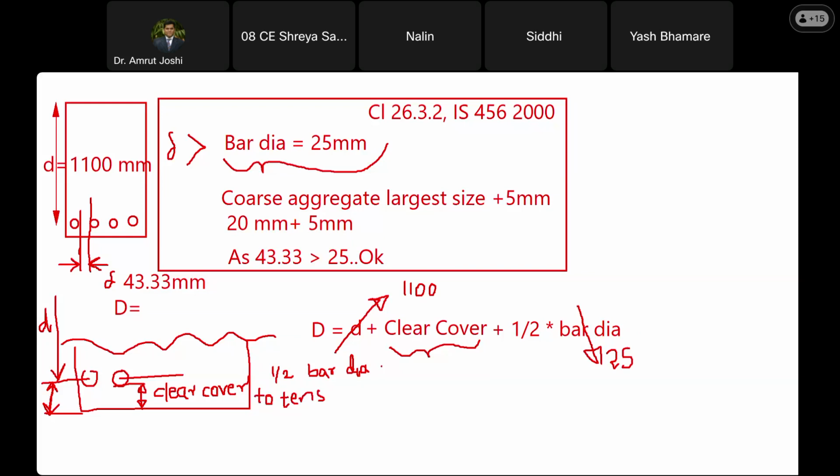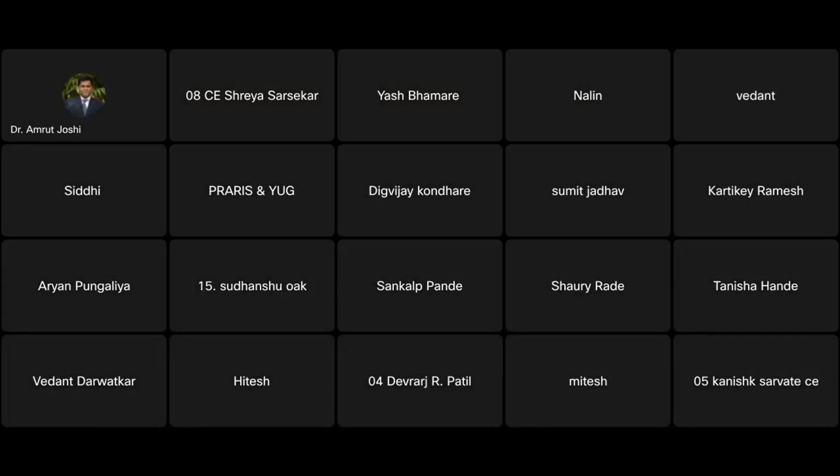Yes, sir. Now I'm going to show you the typical arrangement of reinforcement in a beam that is required to find this clear cover to the tension reinforcement. Are you with me? Yes, sir.